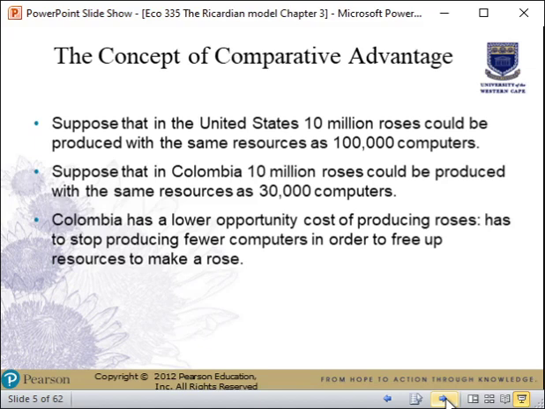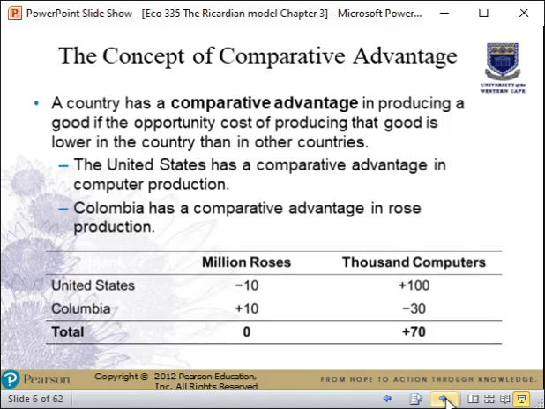On the other hand, for the US to produce one computer, they have to forgo the production of 100 roses, which is less than the 333 roses that Colombia forgoes, implying that the opportunity cost of producing computers is low in the United States of America. To determine comparative advantage, we compare the two countries' opportunity cost of production.